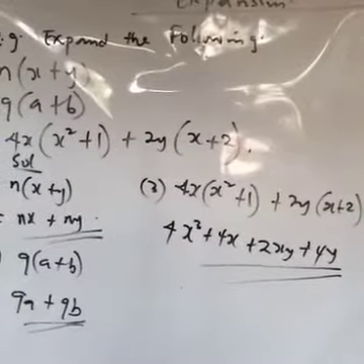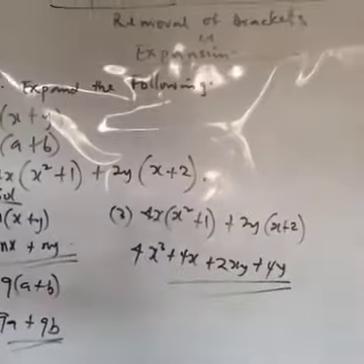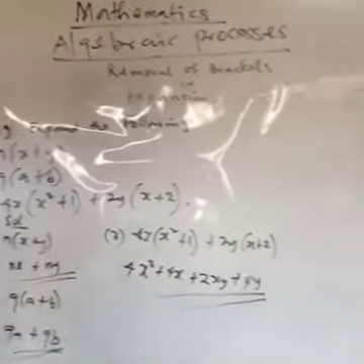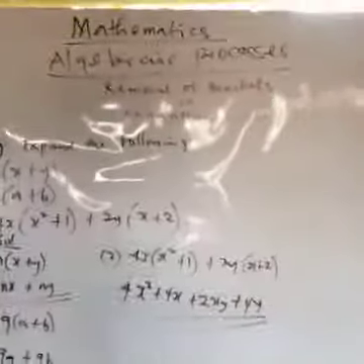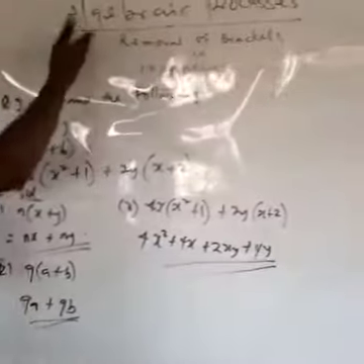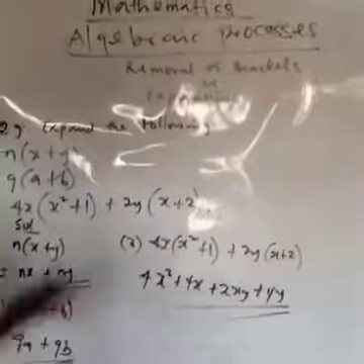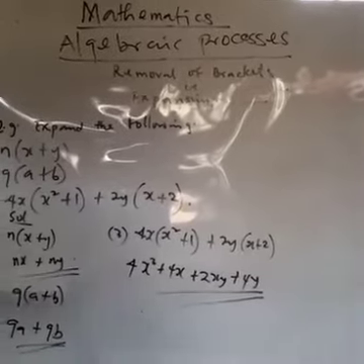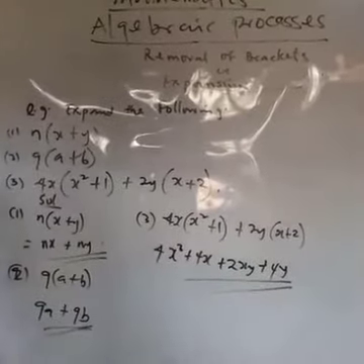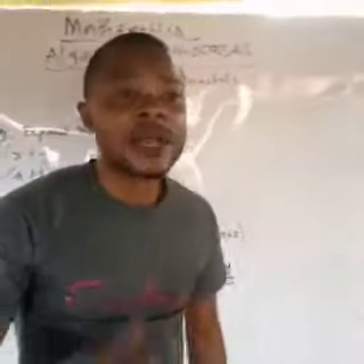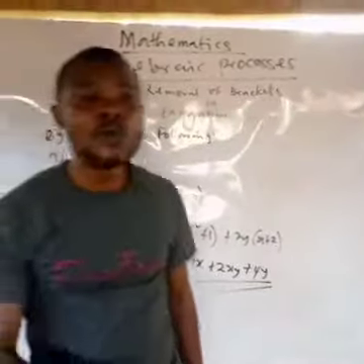Removal of brackets. So class, viewers at home, as you can see, we have been able to teach you this morning what algebraic process is all about. We started the class by talking about algebraic expression, and I told you that algebraic expression is of two types.